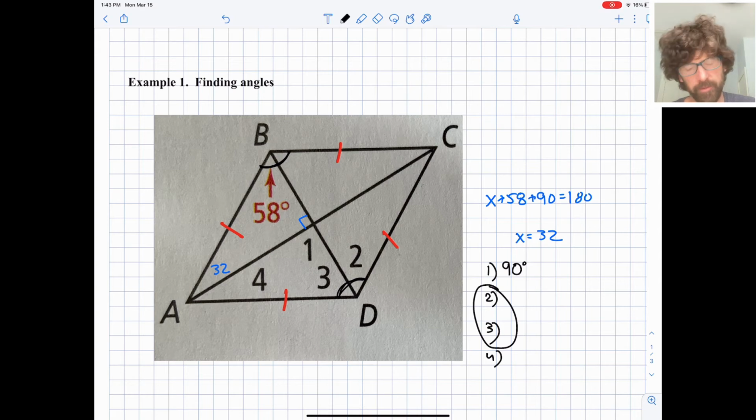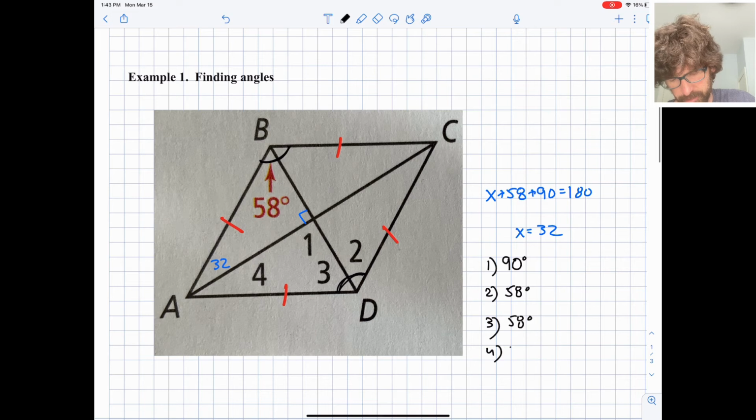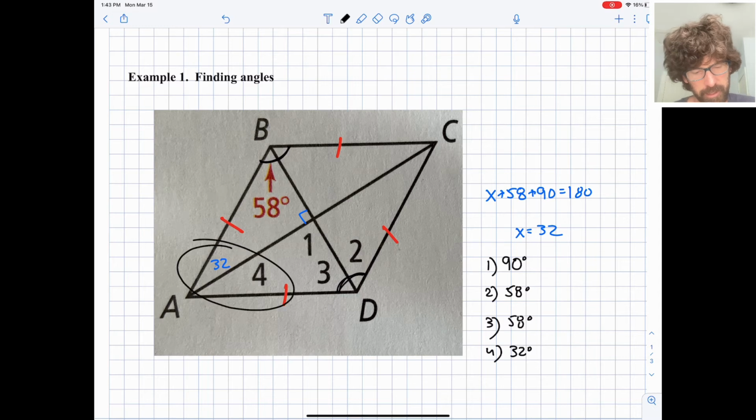So therefore 2 and 3 will both be 58 degrees. And lastly, angle 4 looks like it would be 32 degrees, because diagonal AC is an angle bisector, and it would have to create an angle that's congruent to the 32.